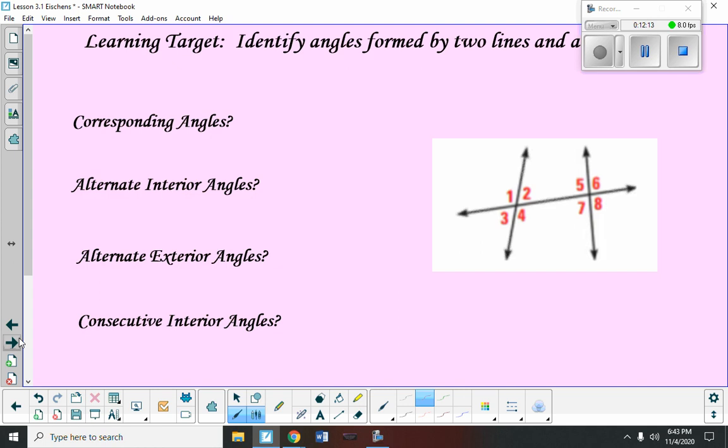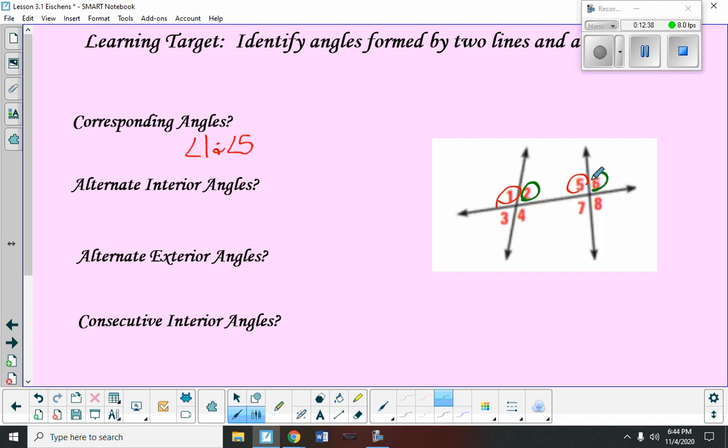All right, so in this picture, which are the corresponding angles? Now our picture is sitting sideways. So angle 1, all right, so angle 1 is to the left of the line and above the transversal. So over here to the left and above would be 5. So angle 1 and angle 5. All right, we'll do another color. Angle 2 is above the line and to the right.